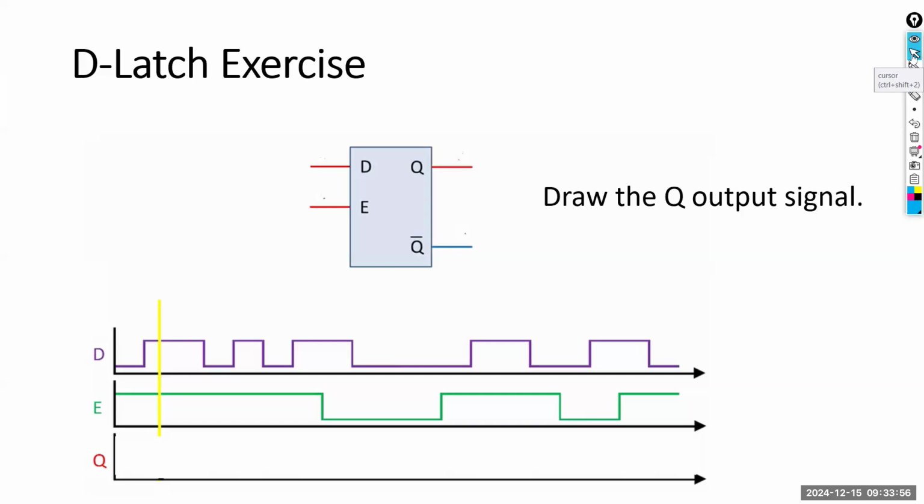But that happens when enable is 1. When enable is 0, it's a memory state. So you can draw it now. I'll give you 1 minute. Assume that initially your output, or memory, is 0.